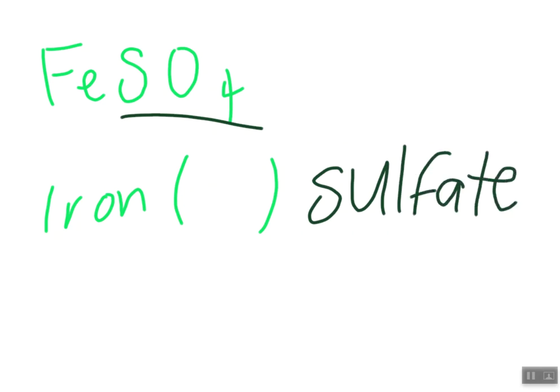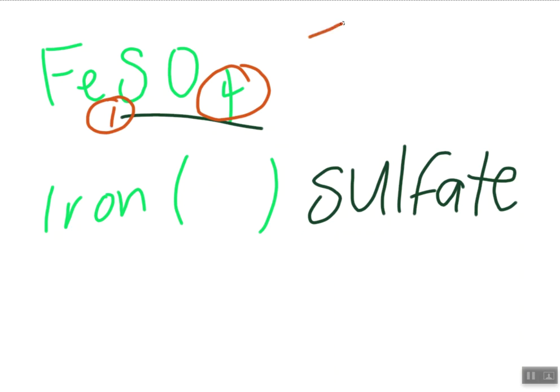So if you want to figure out the Roman numeral here, what you would do is take your charge here, and your charge here, and multiply them. The charge here is just an understood 1, and since it is 1 there, you know there's 1 iron atom, so you make that negative.